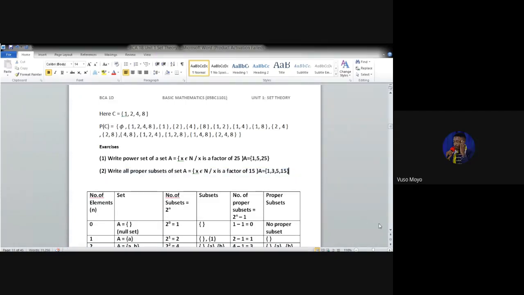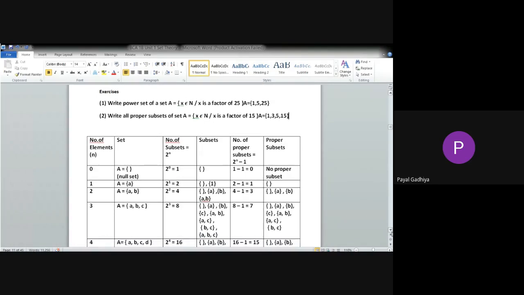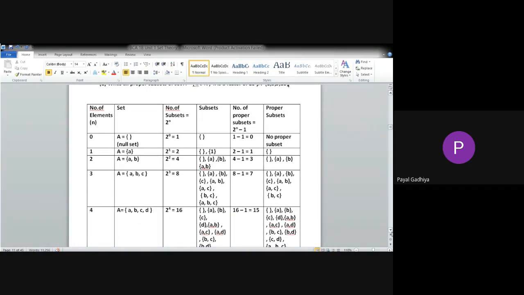Okay, yes, do it by yourself, and let me just explain this table quickly and we can end this session. So see, this is the general definition which we have already learned. This is the short formation of whatever we have seen till today.